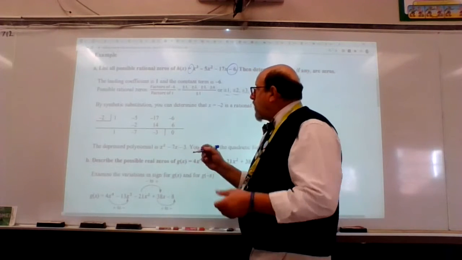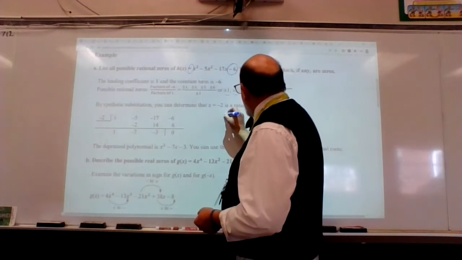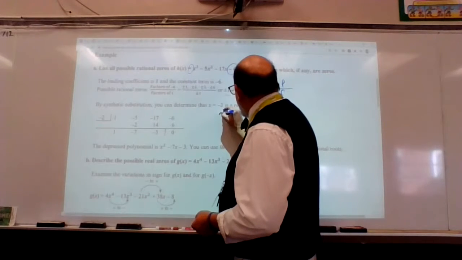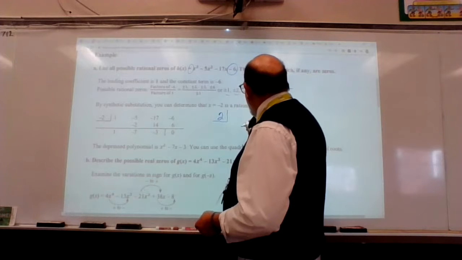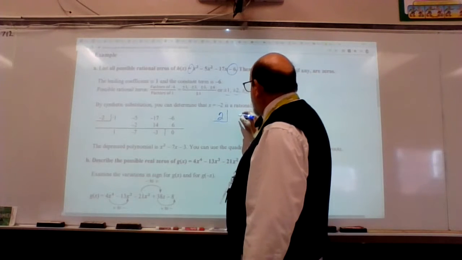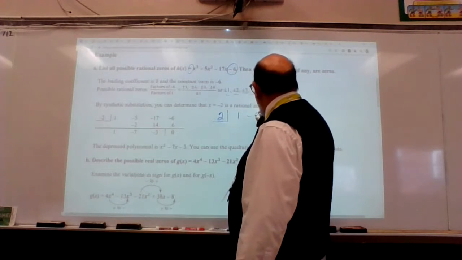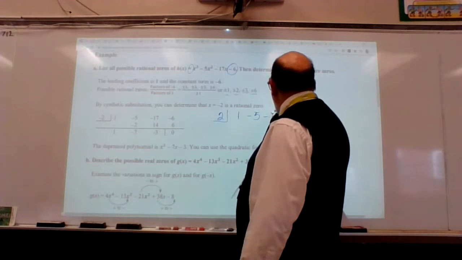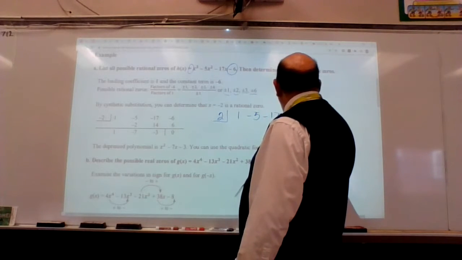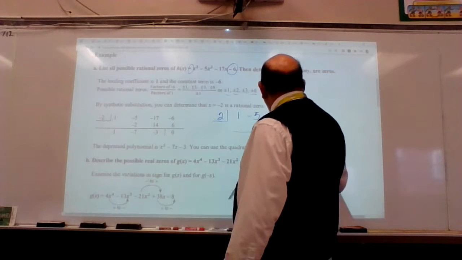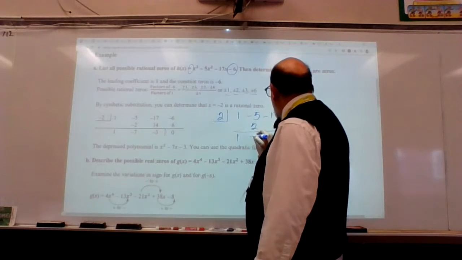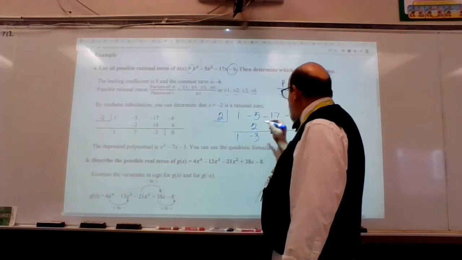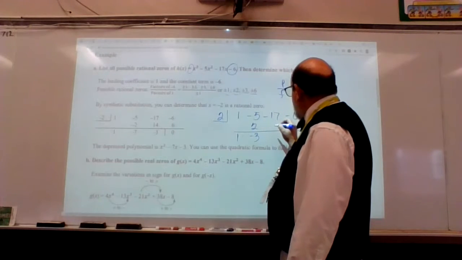What if I wanted to start with positive 2? I'll put a positive 2 in here and do the same thing: 1, negative 5, negative 17, and negative 6. I'm going to go through this, and if I come up with a remainder, then I don't have a factor.